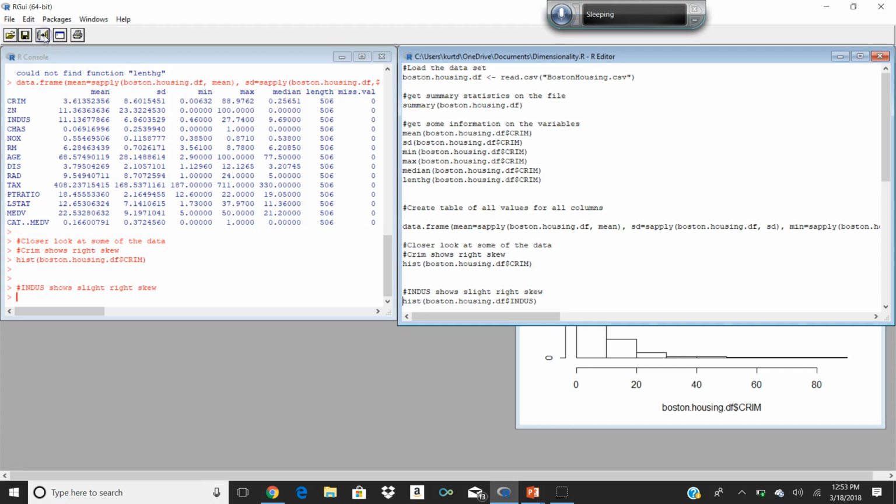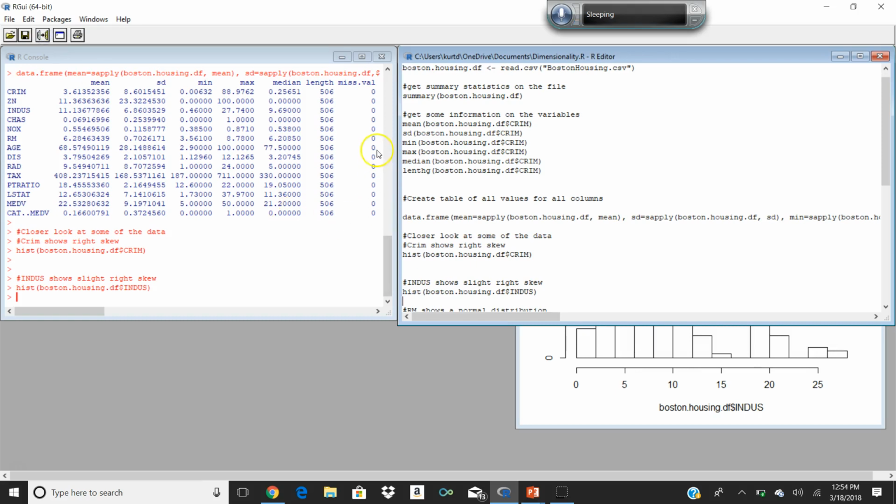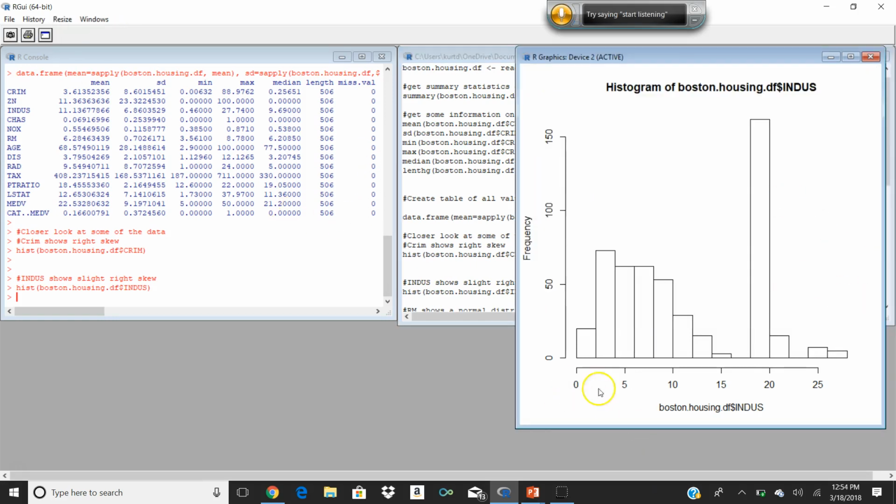The next command is a histogram of the distribution of industry. And this one's a little weird because it's showing the percentage of land that is non-retail, non-residential. And it's a pretty even distribution until you get to this bar here, just under 20. Somehow there's a lot of neighborhoods, 150 neighborhoods. Is that right?